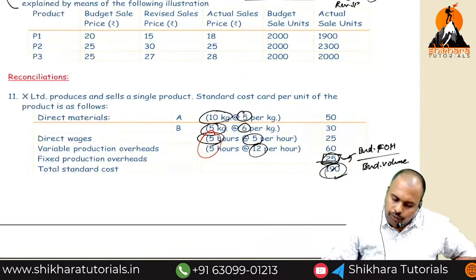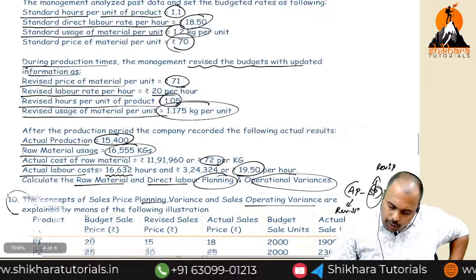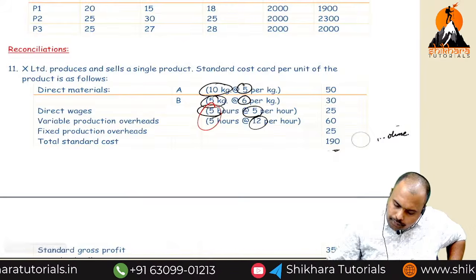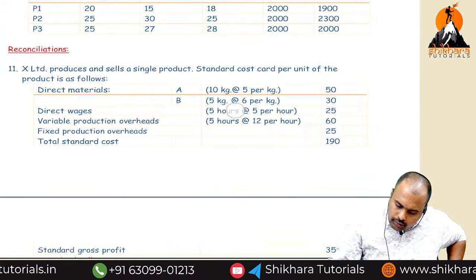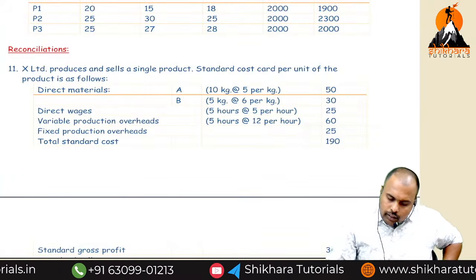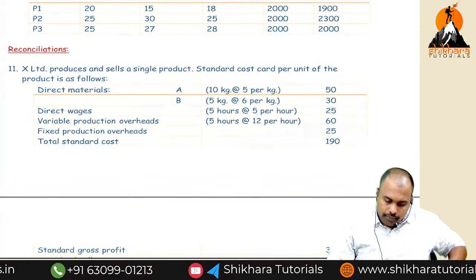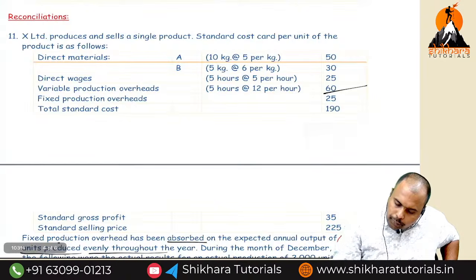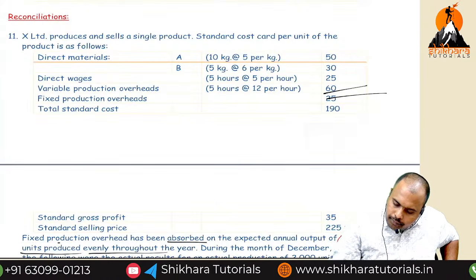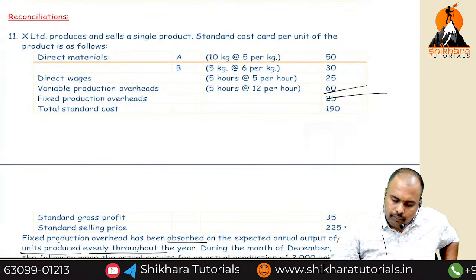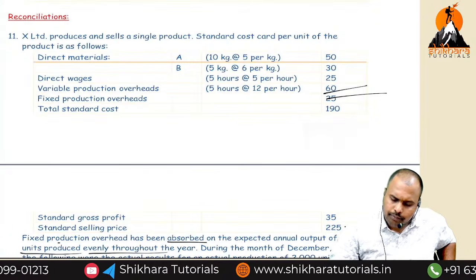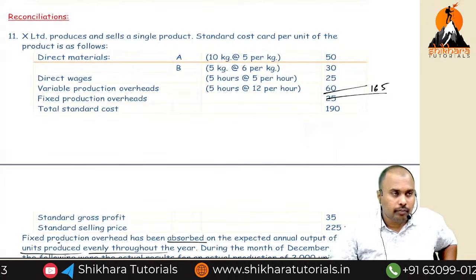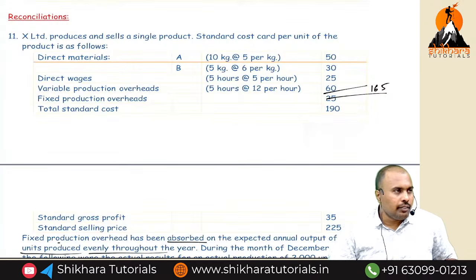If in the same question they ask to use marginal costing, then what should we do? What is variable cost per unit? Only up to this, right? 190 minus 25, 165.